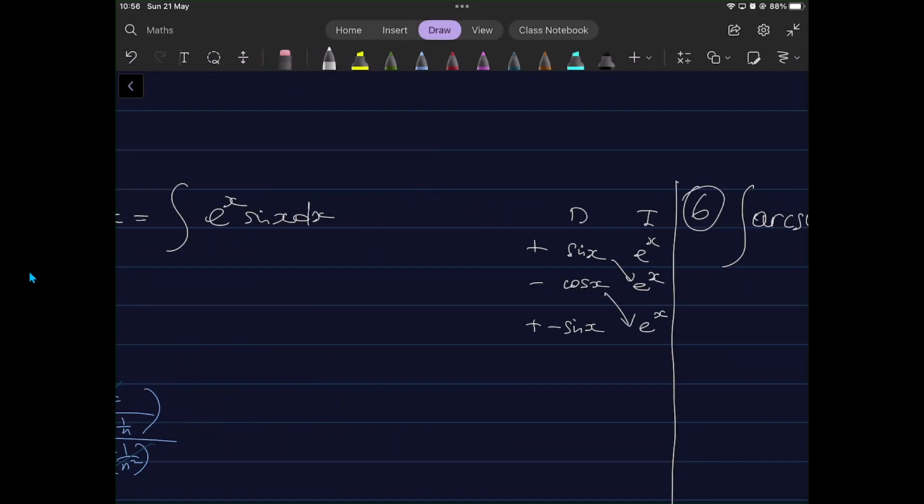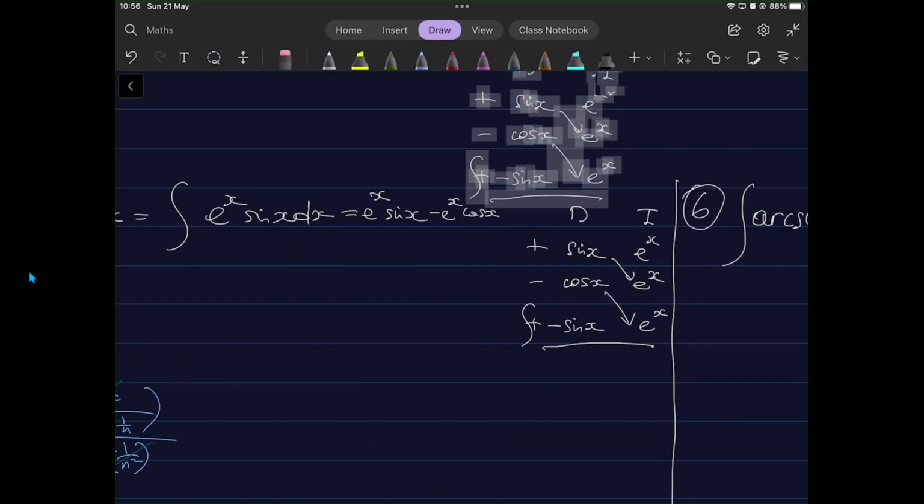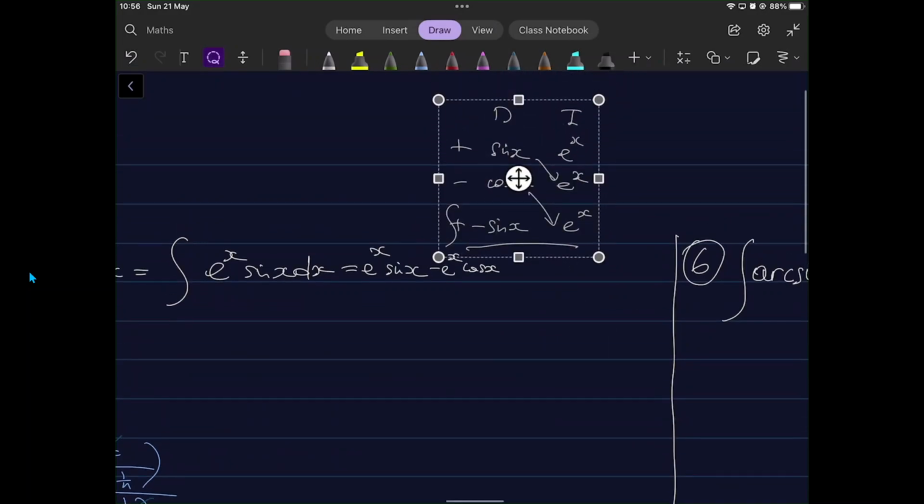So let's multiply these, and then the product of a row is the integral. So this integral is actually equal to e to the x sine of x minus e to the x cosine of x. And of course, I'll just move this upwards, like there. There we are. And then finally, minus the integral of e to the x sine x.